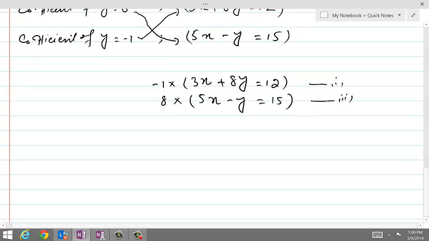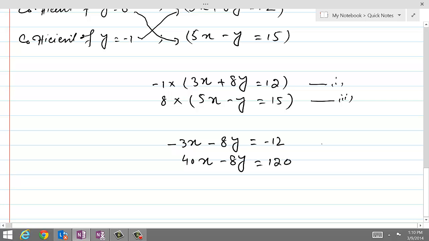So this will give us minus 3x minus 8y equal to minus 12, and the second equation will give us 40x minus 8y is equal to 120.